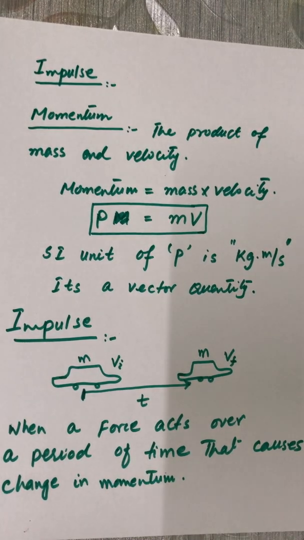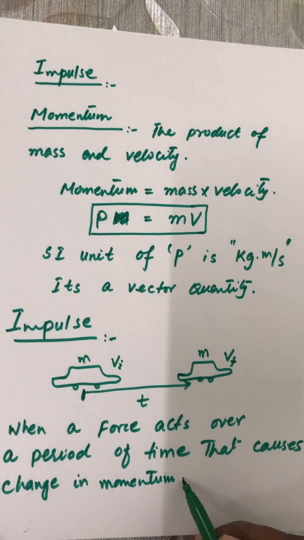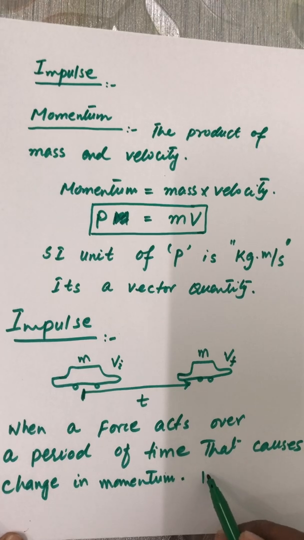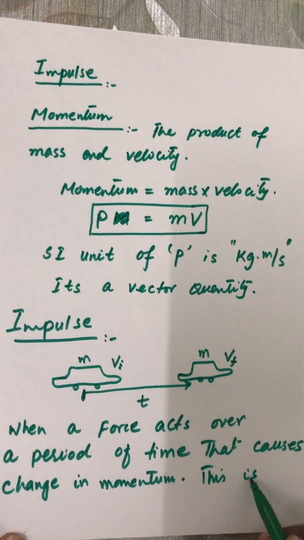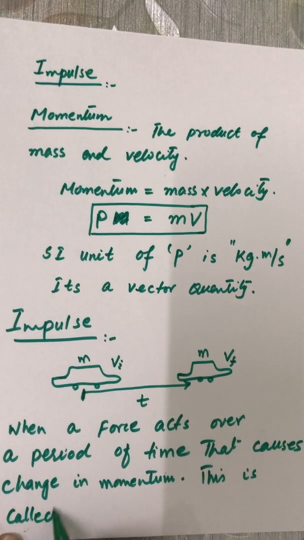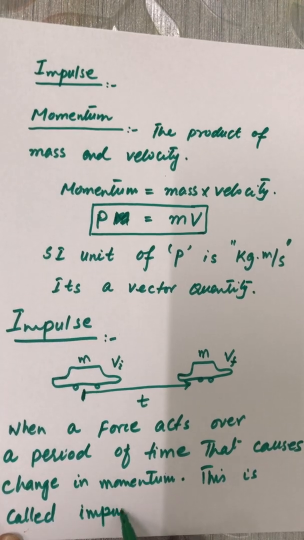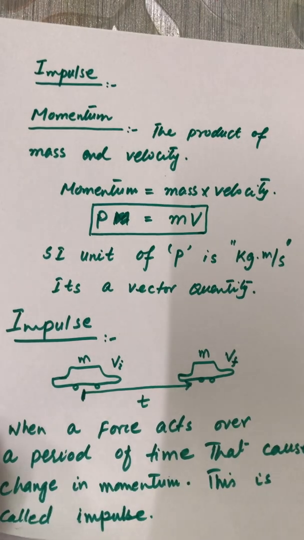This effect is called impulse. Now there are many other examples. For example, if you hit a ball with a bat for a short time, then it will produce an impulse because the momentum is changed.